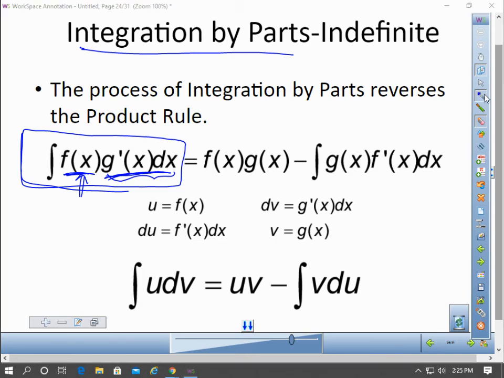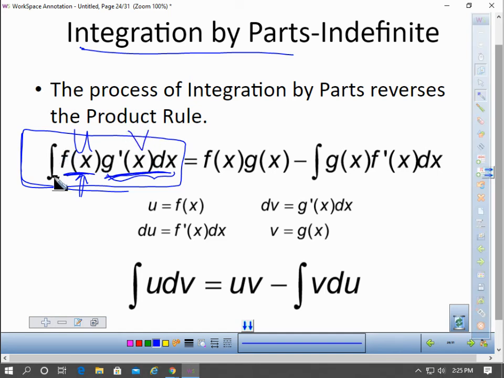You are going to set up your answer, because now you said this was u and this stuff here was dv, so we're integrating u times the dv. So your answer is u times v minus the integral of v du, okay?